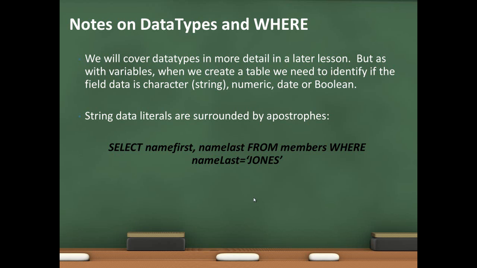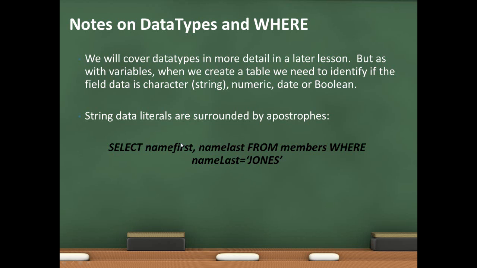The rules that we're going to find in data types match the same kind of rules that we typically find in programming like C#. So in this case, if name last is a char column, a character column or a string column if you will, then if we're looking for values in the name last column, we have to put apostrophes around it.